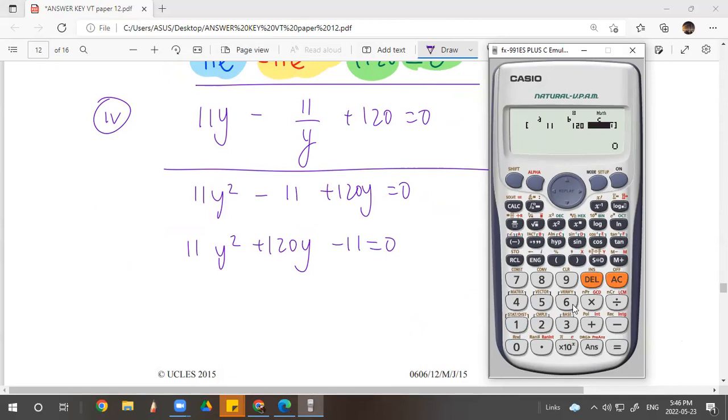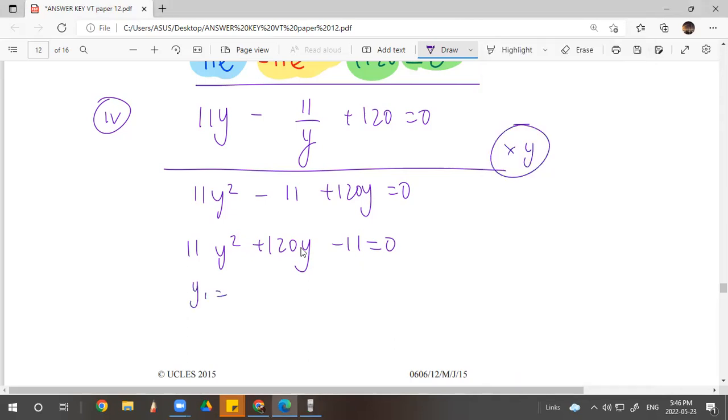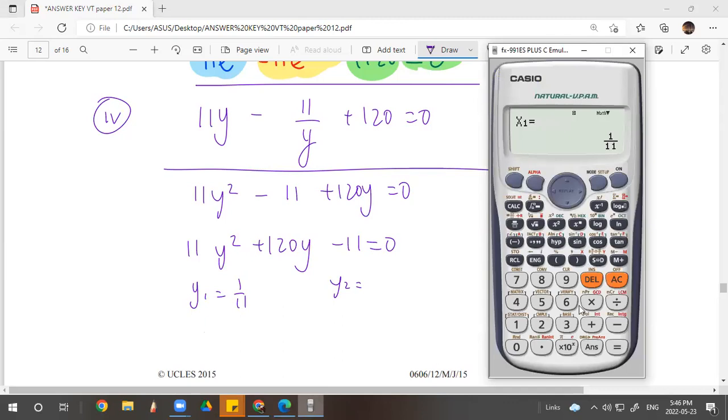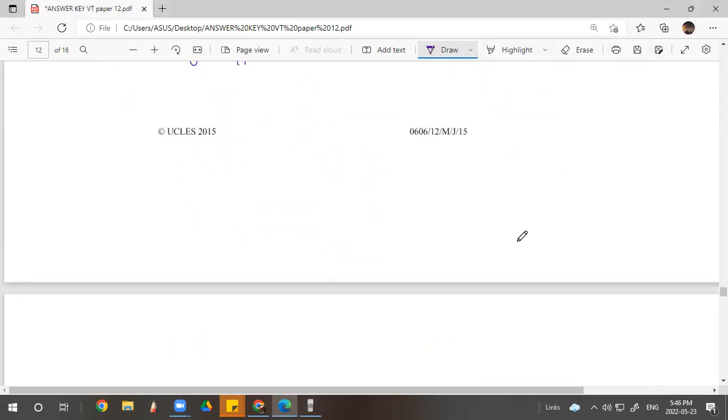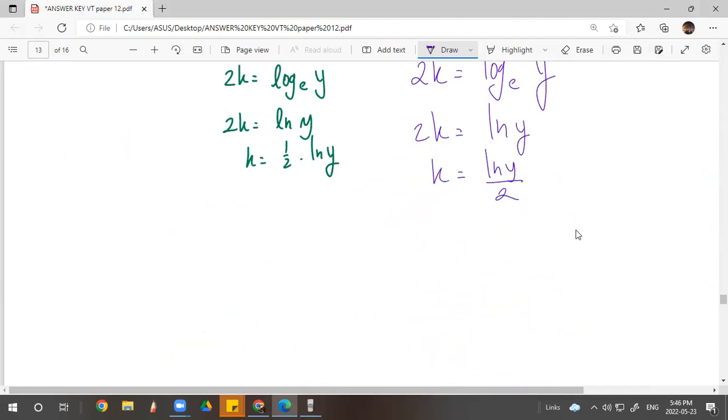Instead of using the factorization, it's so hard, in my opinion. See, y1 equals 1 over 11, y2 equals negative 11, right? So k1 equals ln y1 over 2, or k2 equals ln y2 over 2, right?